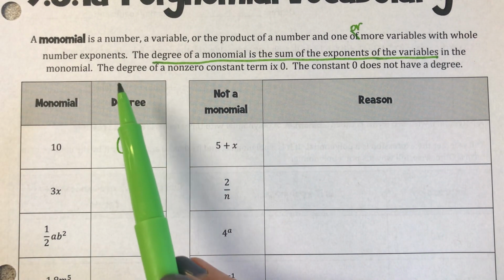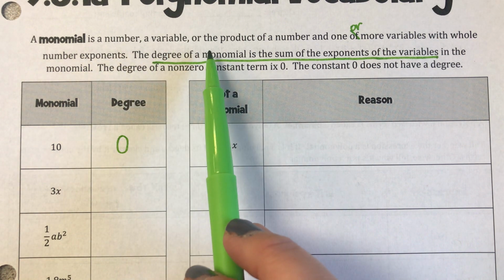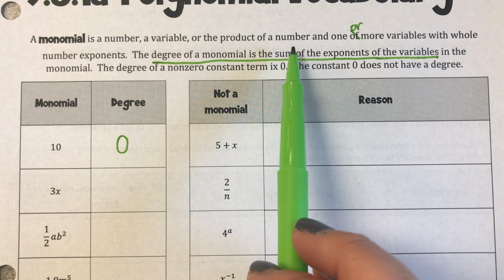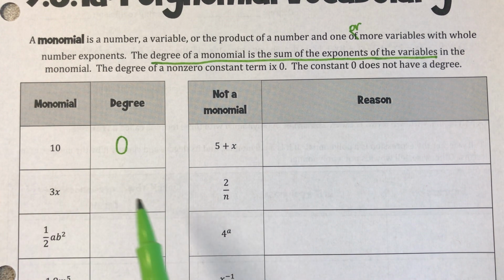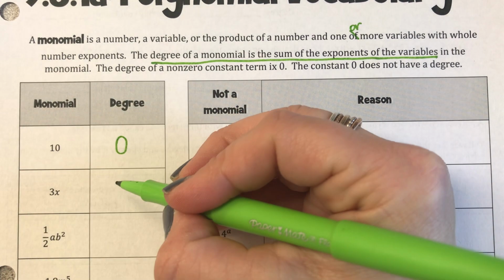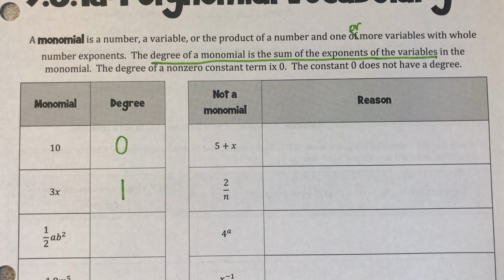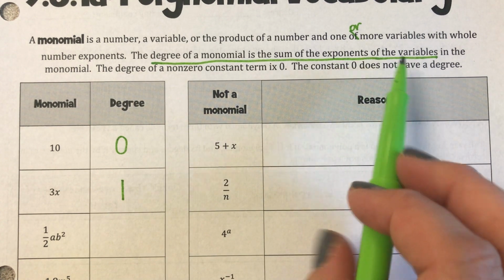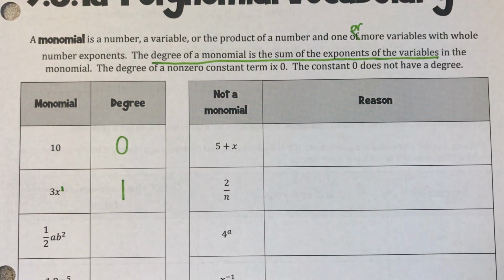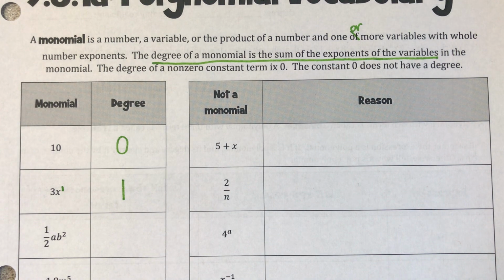A monomial could be a number, a variable, or the product of a number and a variable. So this is a product. This is 3 times x. So this is a monomial. And its degree would be 1 because the degree is the sum of the exponents of the variable. This exponent is 1. It's the only variable that I have, so it's just 1.